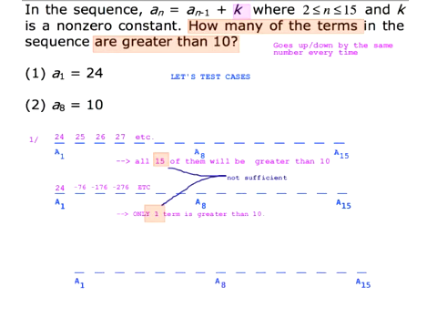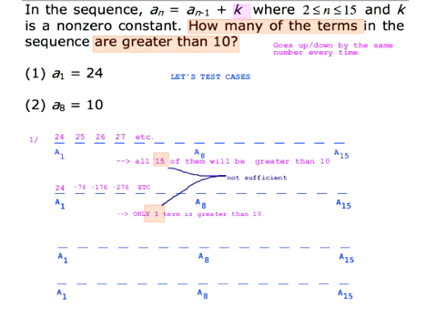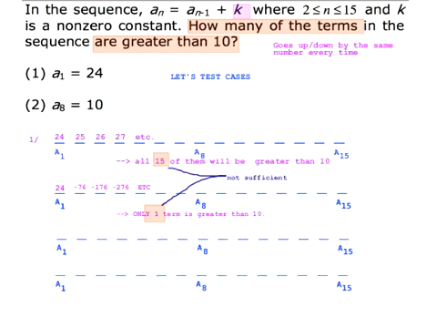Okay, statement 2. Let's do the same thing. Notice again, A8 is the median, and it's also 10. You might think that something is fishy about that, and you would be, of course, right. But let's just see what happens here. So this is now statement 2.